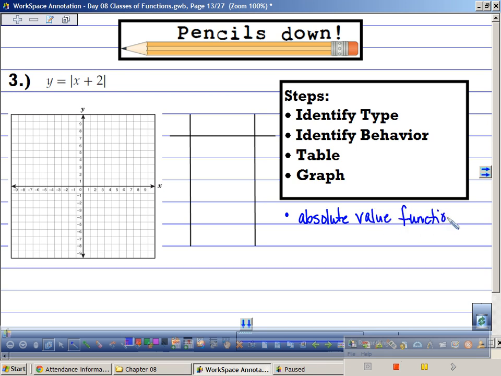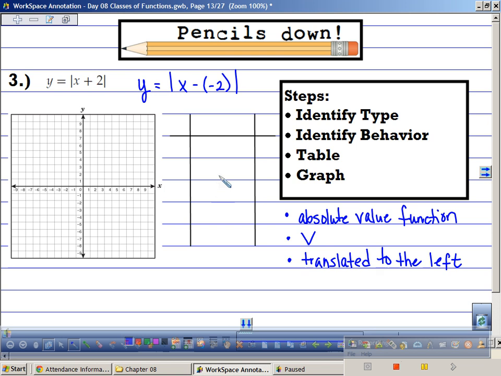Absolute value function. I'm going to ask myself, it looks like a V, and it's translated to the left, right? This is +2, so that really means y equals the absolute value of x minus -2.